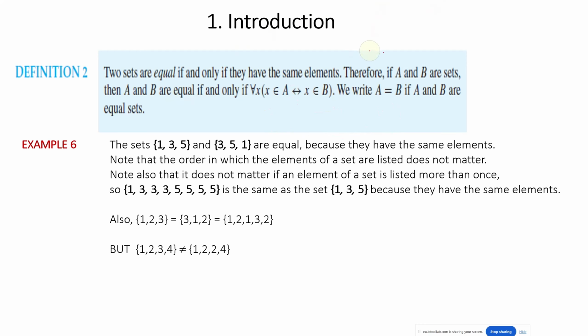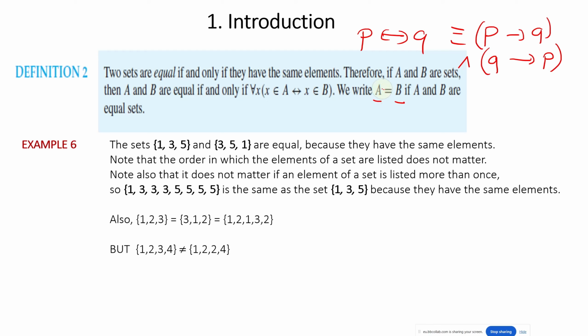Remember that we said P if and only if Q is equivalent to if P then Q, and if Q then P. That's the same logic that we've seen before, right? So that's what this means. We can say that A is a set, B is another set.